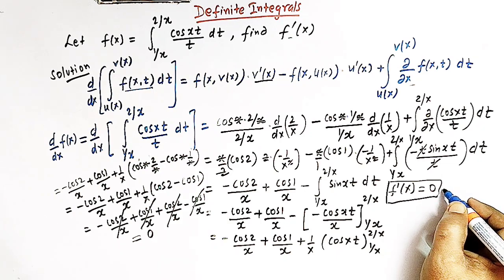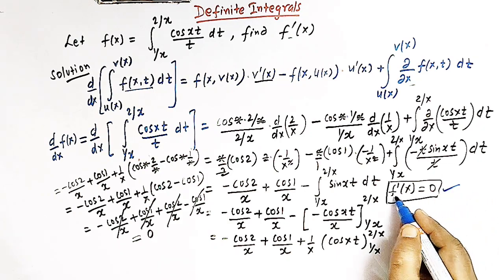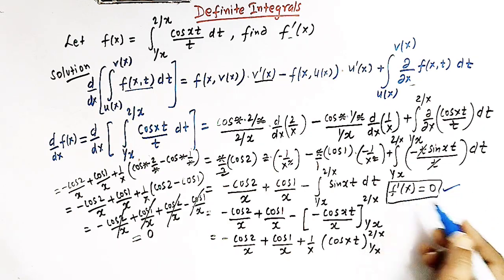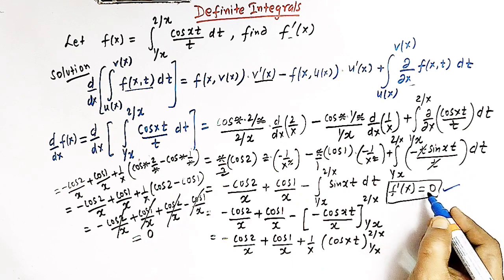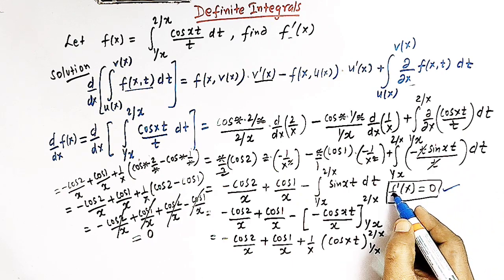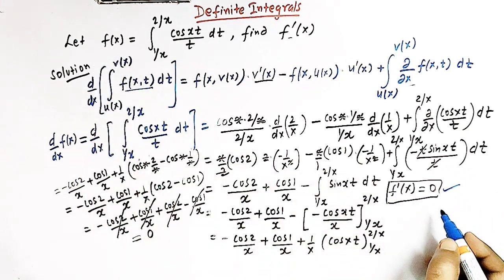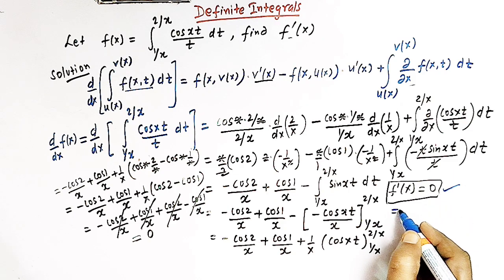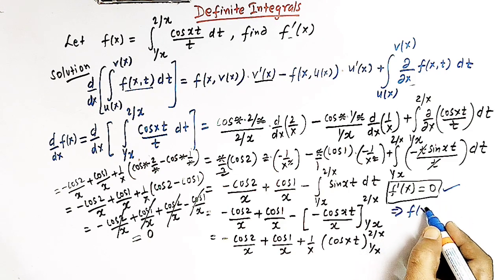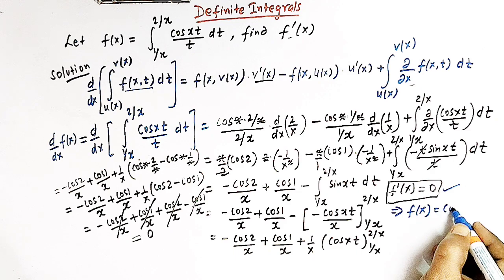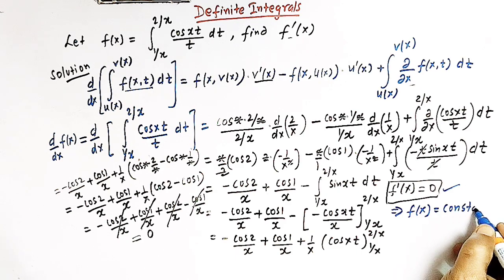So now from this equation, this is a differential equation, and we can easily conclude that when the derivative of f of x is 0, then this implies that the function f of x is a constant function, right?